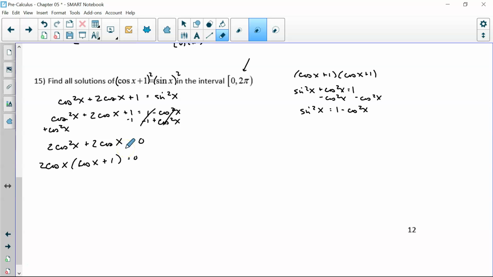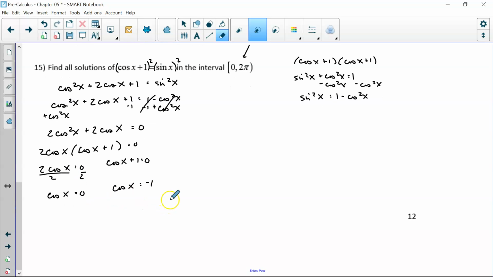Now set each factor equal to 0. 2 cosine of x equals 0. Cosine of x plus 1 equals 0. Divide both sides by 2. Cosine of x equals 0, and cosine of x equals negative 1.